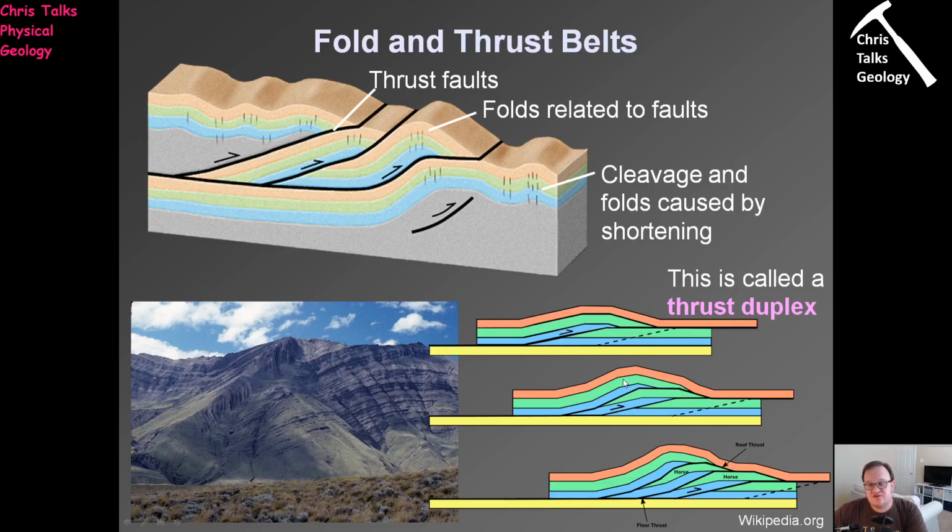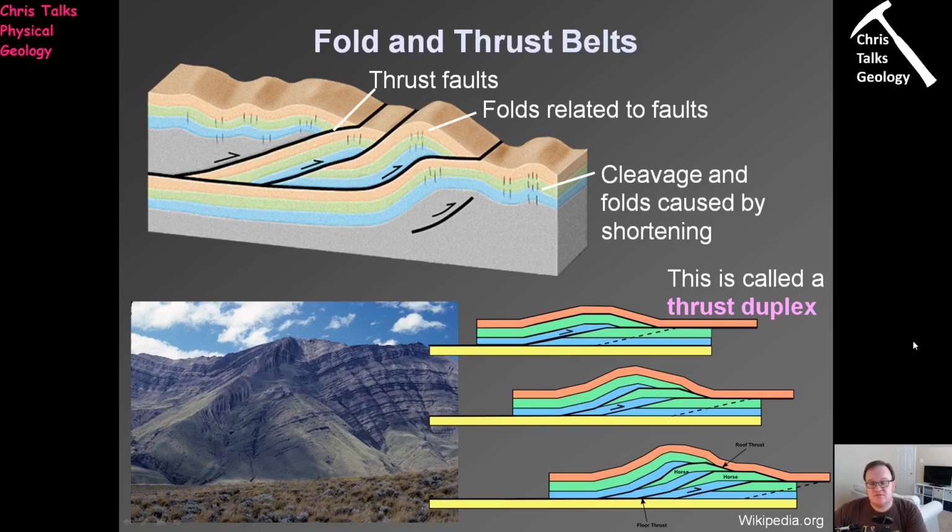Then we have another thrust form, and it pushes this layer of rock over the top of this sequence and this sequence. Then we have a third thrust form, and it pushes this sequence of rock over the top of this sequence and this sequence. Okay, so this is what's called a thrust duplex, where you push one sequence of rocks over the top of another sequence, over the top of another sequence.